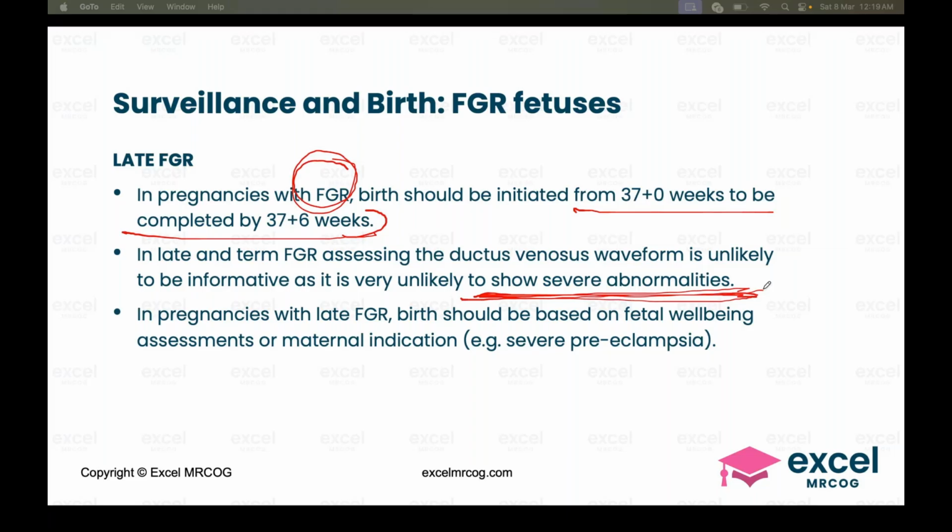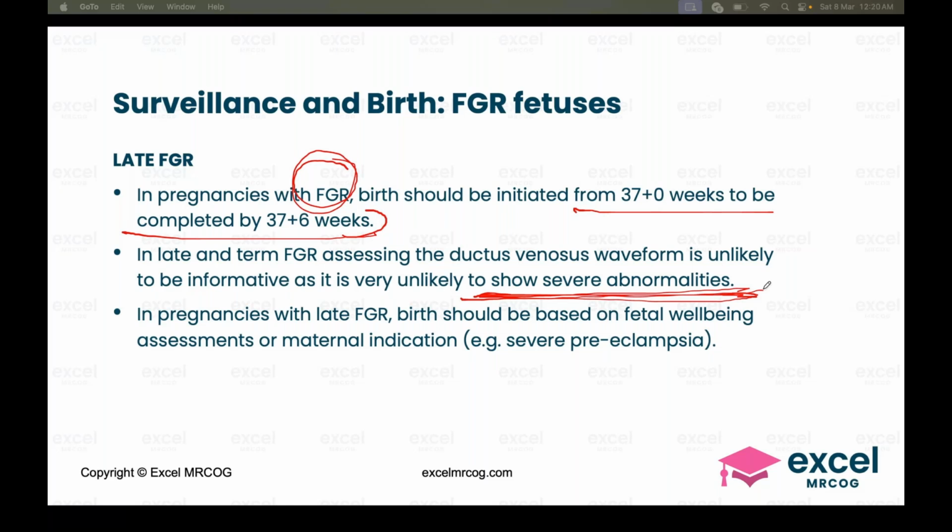So when it is very severe, it reflects on the ductus venosus. So the very fact that your pregnancy has reached late gestation means the severity is not so much. Okay, and that is why you rely on your umbilical artery Doppler and your MCA Doppler. Very simple to understand. Okay, and if you understand this, you will never forget your FGR.